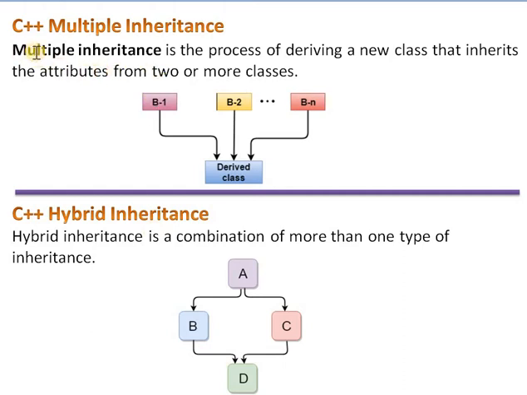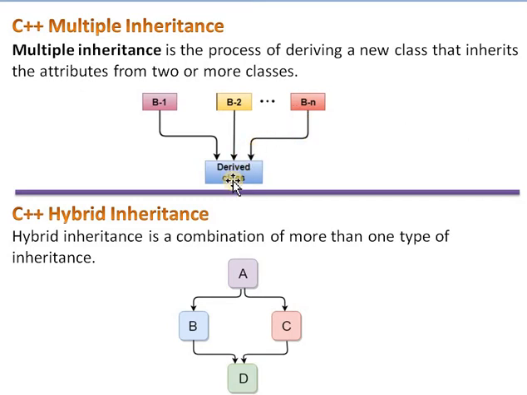Next one is the multiple inheritance. Multiple inheritance is the process of deriving a new class that inherits the attributes from two or more classes. Here, two or more base classes are there and only one derived class.